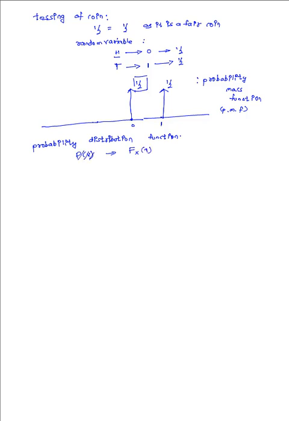So this is actually the probability distribution function, and Fx of x mathematically is given by Fx of x equal to summation from minus infinity up to x of p of x equal to xi.